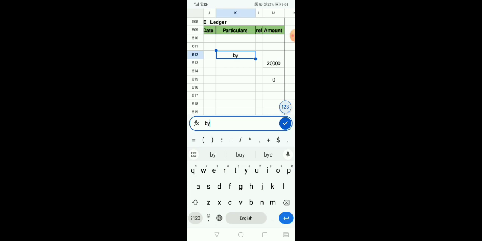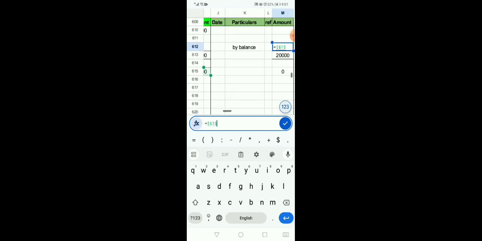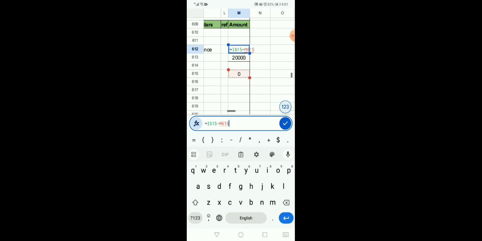Third step is to calculate the balance. You will choose the smaller side. The smaller side was the credit side as its total was 0, and here you will calculate the balance. How will you calculate the balance? You will subtract the smaller amount from the larger amount. The larger amount was 20,000 and you will subtract the smaller amount, which was 0.